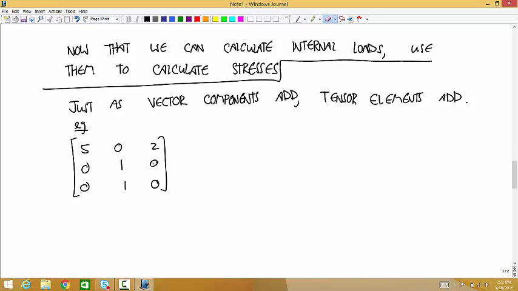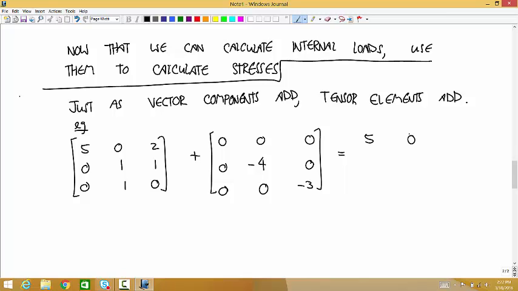Let's make it symmetric. Plus 0, 0, 0, 0, negative 4, 0, 0, 0, negative 3. So how do you add those two stress tensors? You just add them up element by element. So that would be 5, 0, 2, 0, negative 3, 1, 0, 1, negative 3.